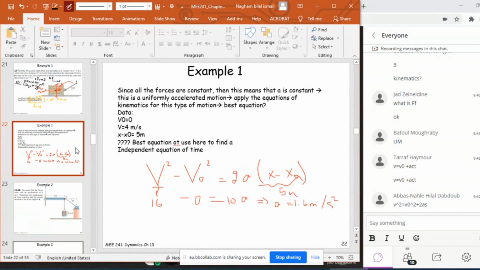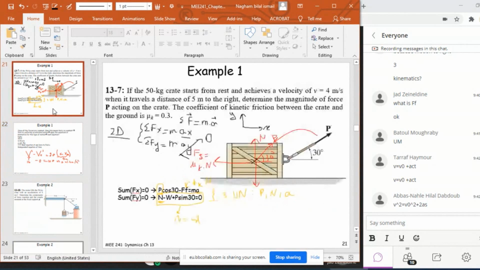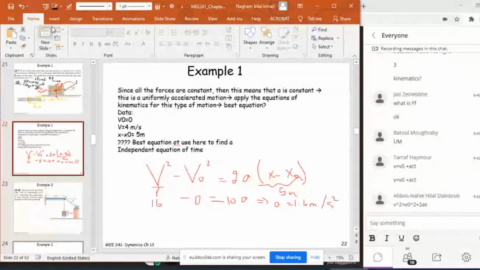Now that I know a, if I go back to the equations, sum of Fx and sum of Fy, I can solve them because I'm going to have only two unknowns.